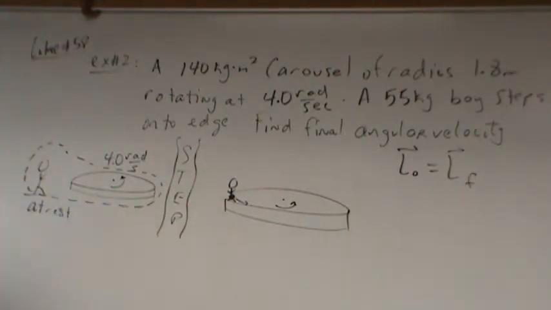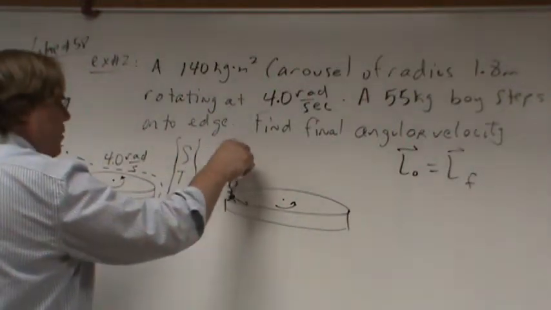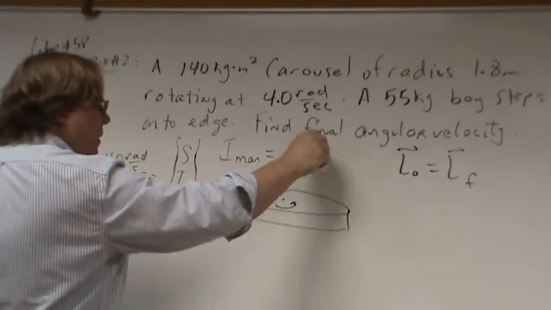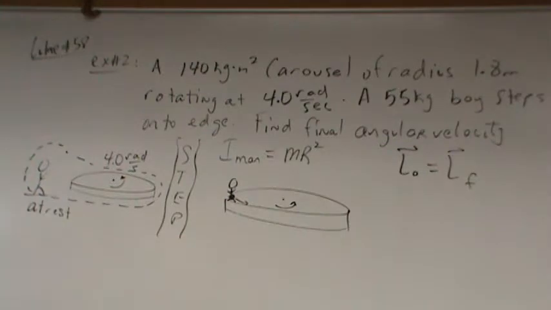So I'd like everyone to please do this problem. The moment of inertia of the man, you're going to have to use the formula for the moment of inertia of a point mass, which is mr squared. I do want to remind you what that is.